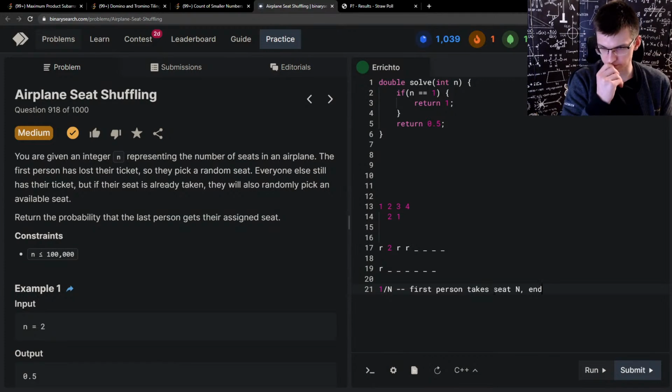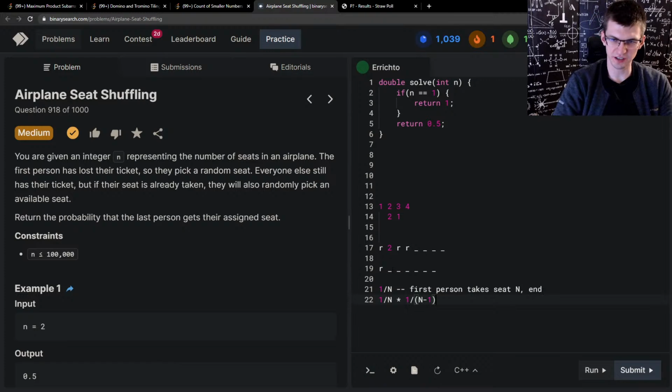Then, what's the probability that the second person will take this seat? 1 over n that the first person takes the seat of person 2, then 1 over n minus 1 that the second person then takes your place.